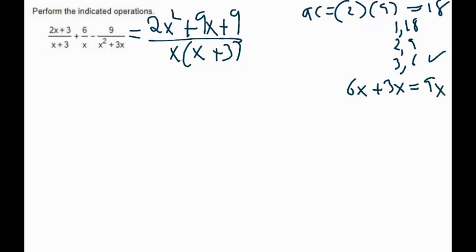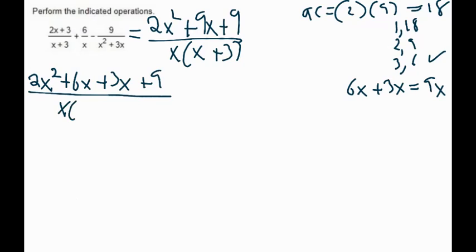So we're going to go ahead and factor this. Remember, we rewrite our middle term using the factors that we found when we did the AC method. So we're going to rewrite that middle term, and this is over x times x plus 3.